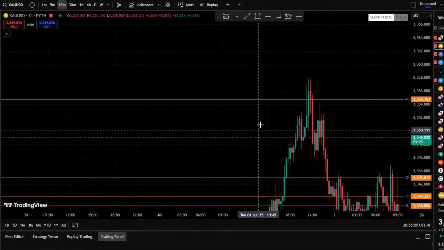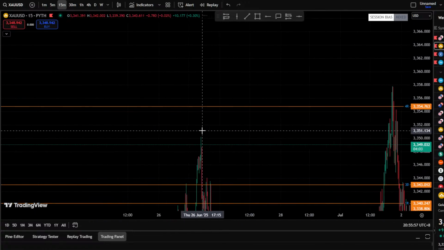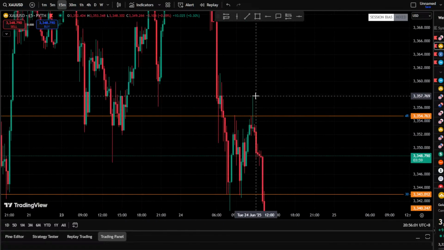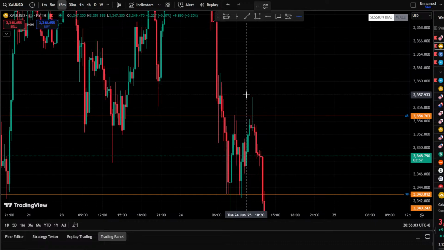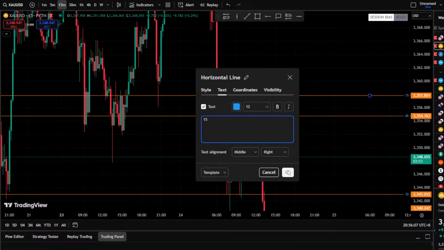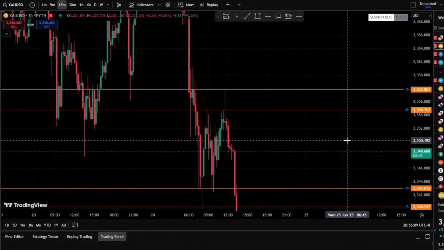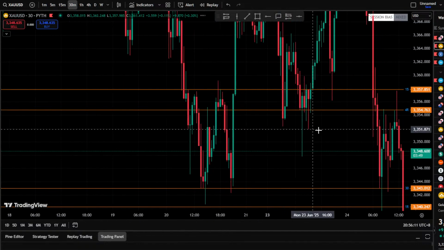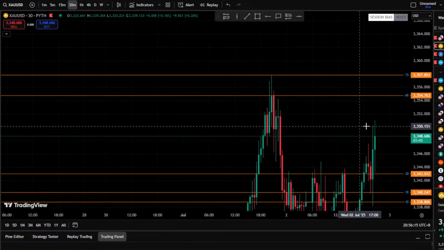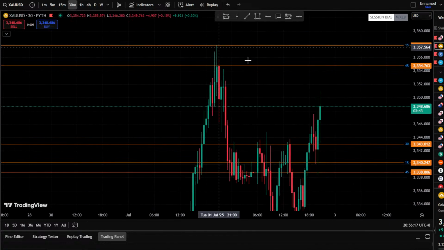Let's see above here. There's this level here, which is 15, and after that it's clean. Yep, after that it's clean. Exactly where the wick.